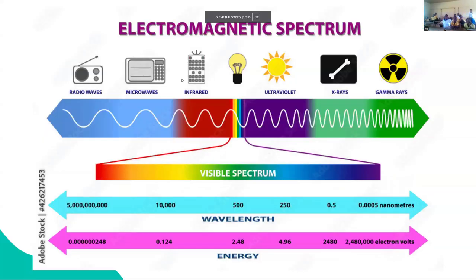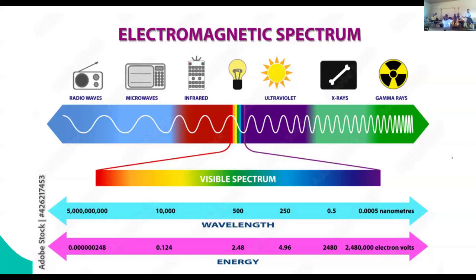The light that we can see from the sun is within this small part of the spectrum, and this is called the visible spectrum because we can see it.